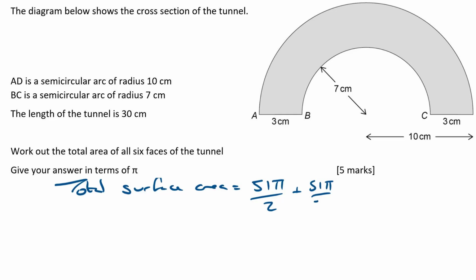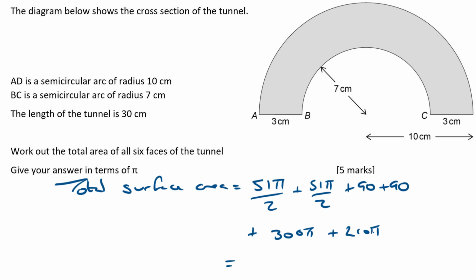Then I've got my 2 feet, which are 90 and 90, plus 90 and 90. And then I've got my big rectangle, which was 300 pi, and my small rectangle, which was 210 pi. So plus 300 pi plus 210 pi.